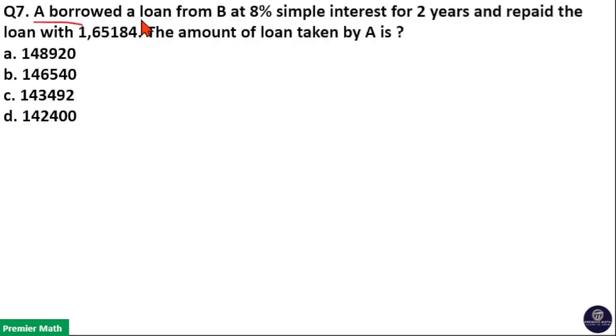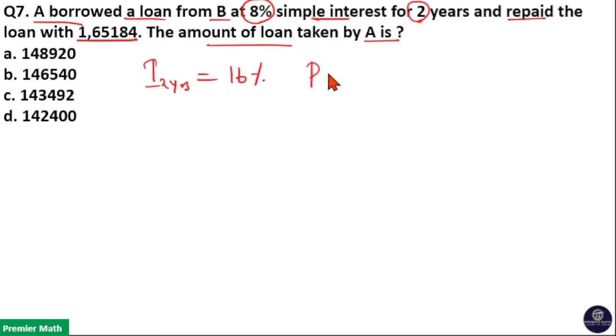A borrowed a loan from B at 8% simple interest for 2 years and repaid the loan with 1,65,184. Find the amount of loan taken by A. Here, interest for 2 years is equal to 8% into 2, 16%. If I consider principal as 100%, then amount is equal to principal plus interest, that is 116%.